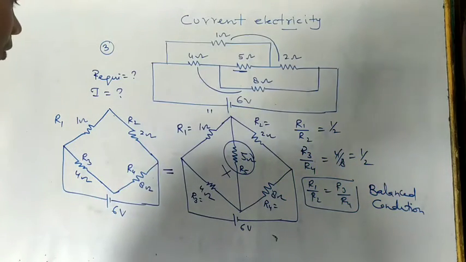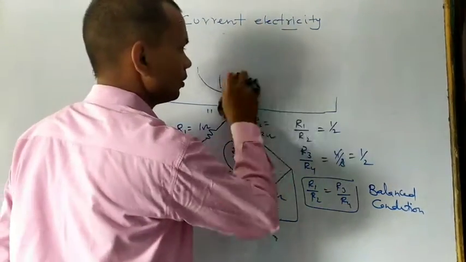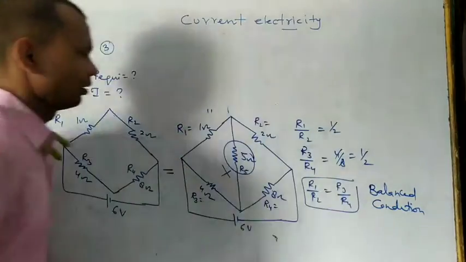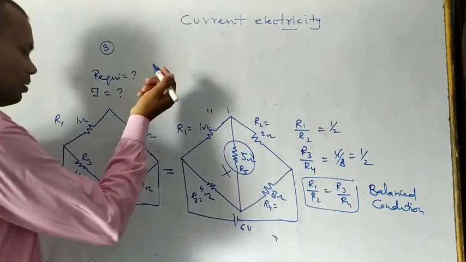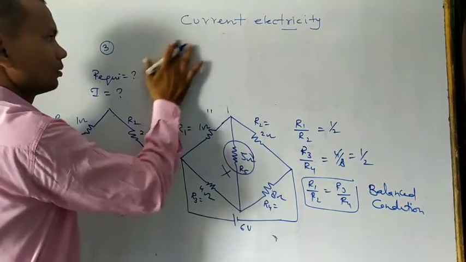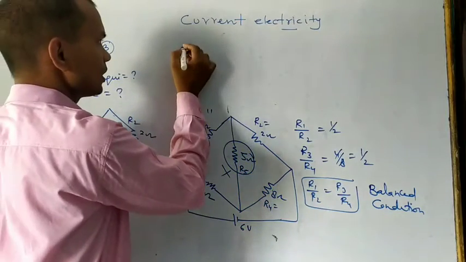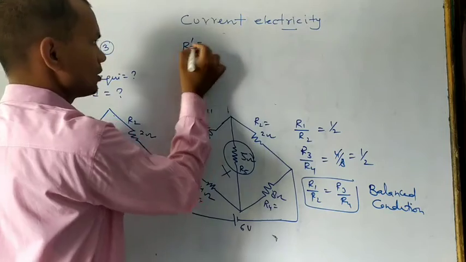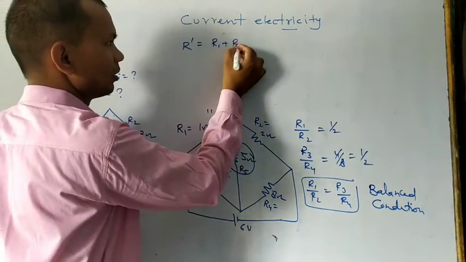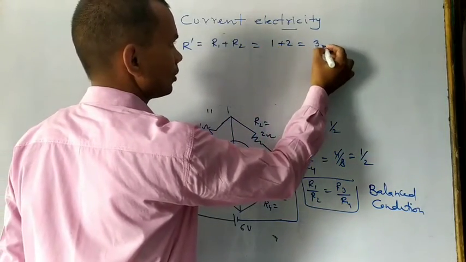First we are going to calculate the equivalent resistance of R1 and R2. R1 and R2 are in series combination. So suppose R dash is the equivalent of this and this one. So this is R1 plus R2, meaning 1 plus 2, this is 3 ohm.